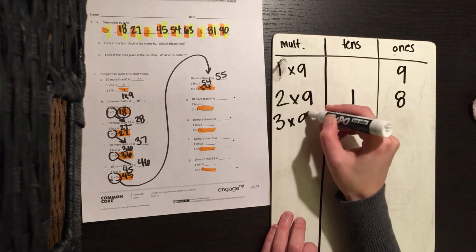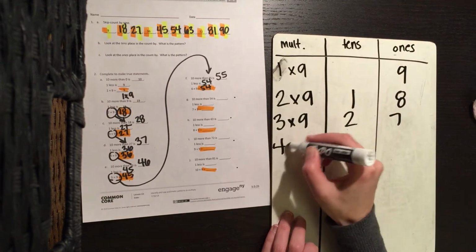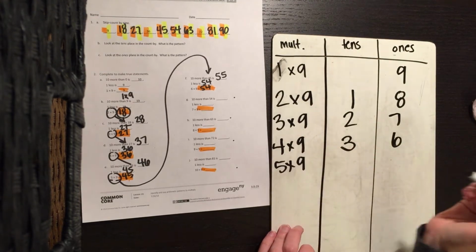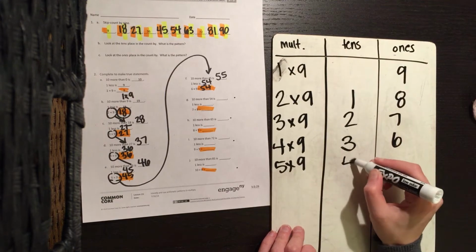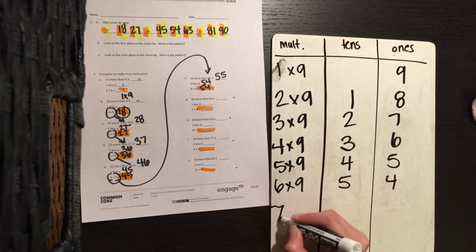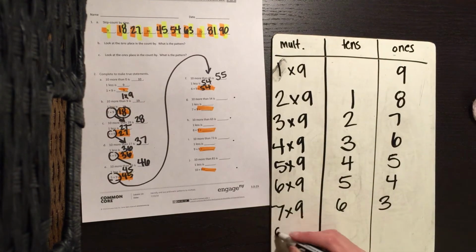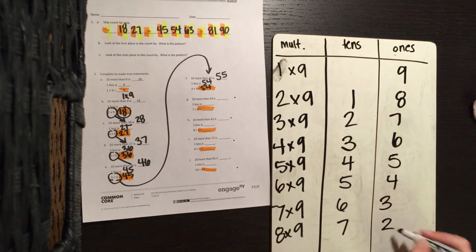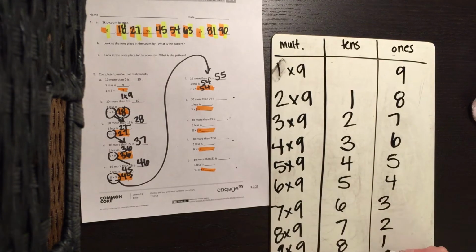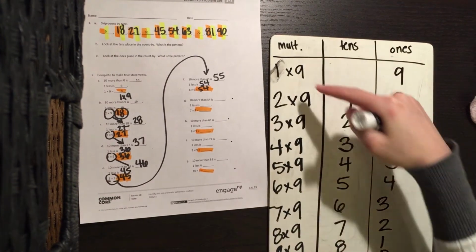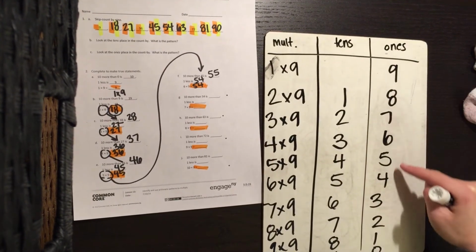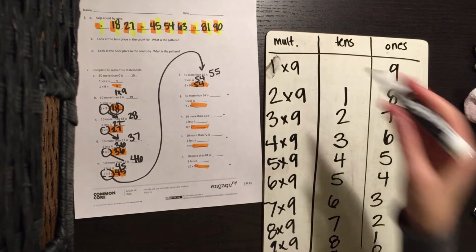Do it with me. 3 times 9 equals 27. 4 times 9 equals 36. 5 times 9 equals 45. 6 times 9 equals 54. 7 times 9 equals 63. 8 times 9 equals 72. 9 times 9 equals 81, and 10 times 9 equals 90. So we already talked about the pattern that it goes 1, 2, 3, 4, 5, 6, 7, 8, 9, and then 9, 8, 7, 6, 5, 4, 3, 2, 1. But let's look a little closer.